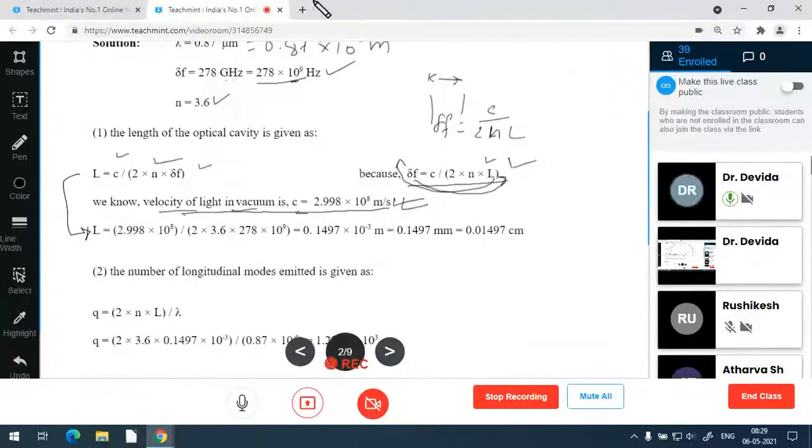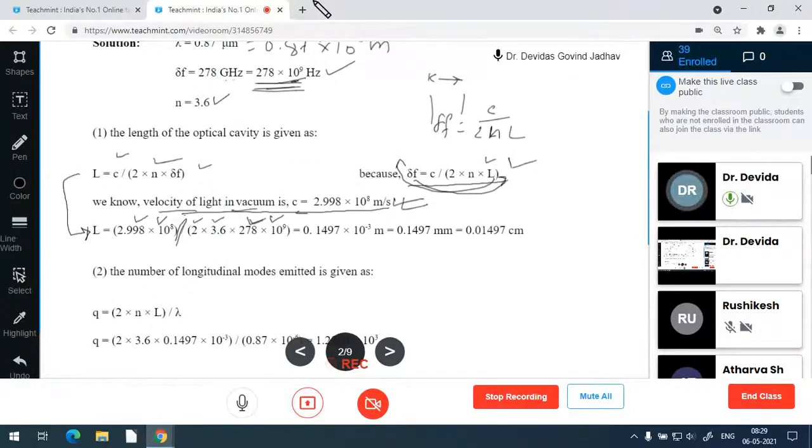This substitution will be L equal to 2.998 into 10 raised to 8 divided by 2, N is 3.6, delta f is 278 into 10 raised to 9 hertz.